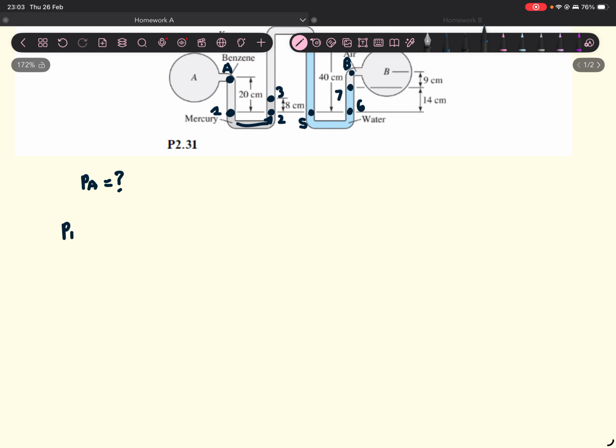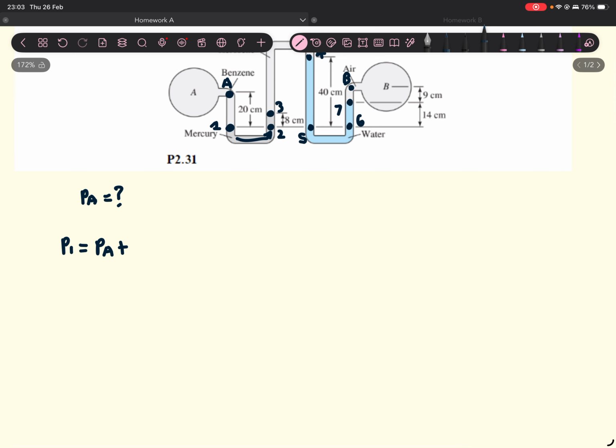P1 will be equal to the pressure at A plus the density, so rho of benzene, times g times the height difference between 1 and A. We could even call this delta h 1A.